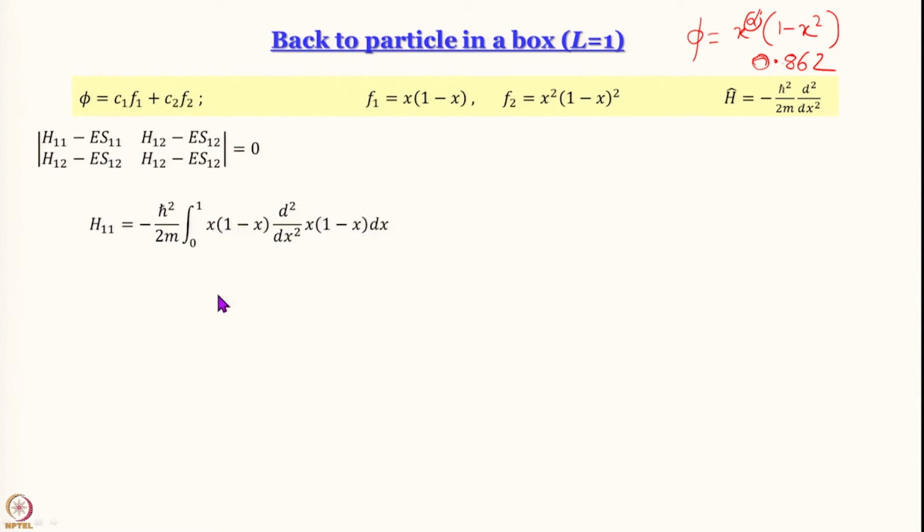This will be H11, because this is F1. Remember H11 essentially means the integral of F1 star H F1 over all space, all x in this case. So, x into 1 minus x into d2 dx2 of x into 1 minus x, simple.